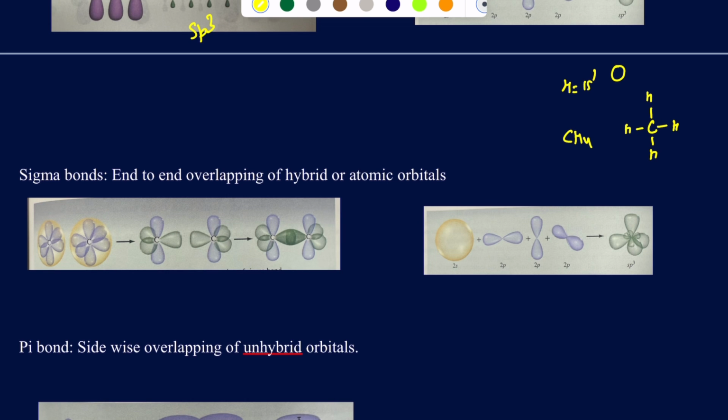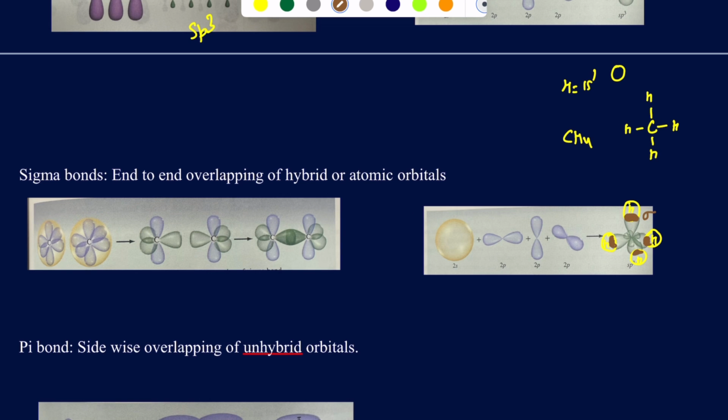So I have these sp3 hybrid orbitals from the carbon, and from the hydrogen I'm going to get this s orbital that's going to be overlapping end to end here. So these are your four hydrogens that are going to be overlapping. This overlapping region right there is where the electrons are shared, and this is where you're making the sigma bond.